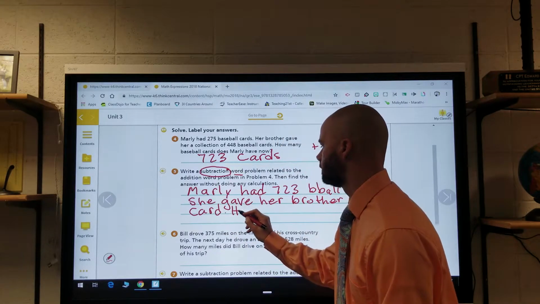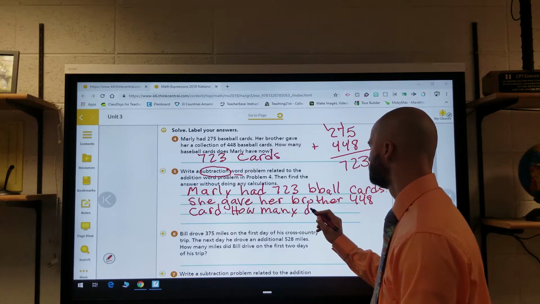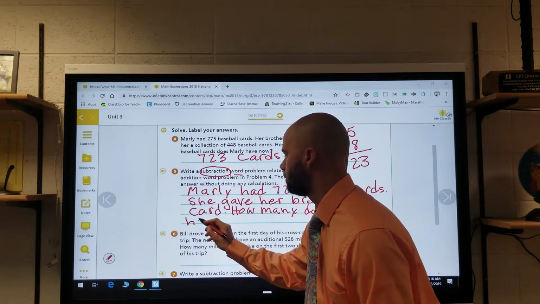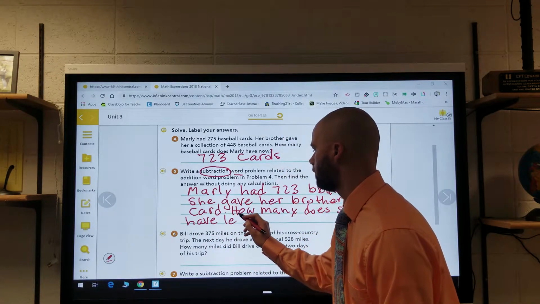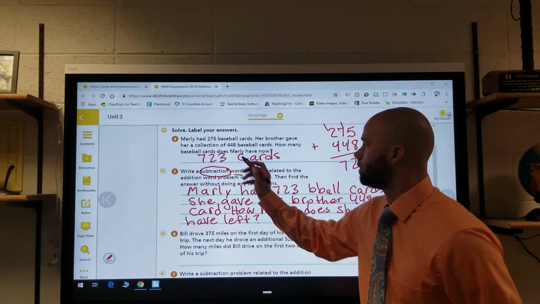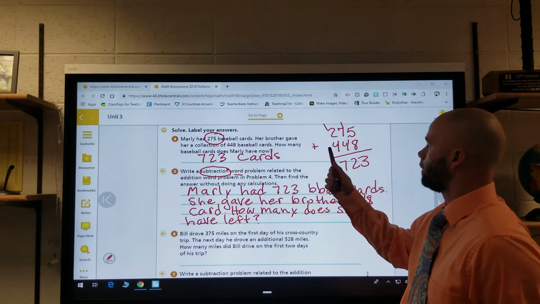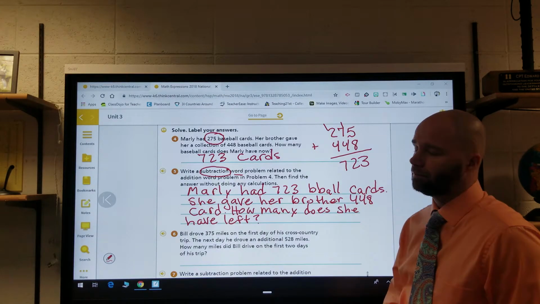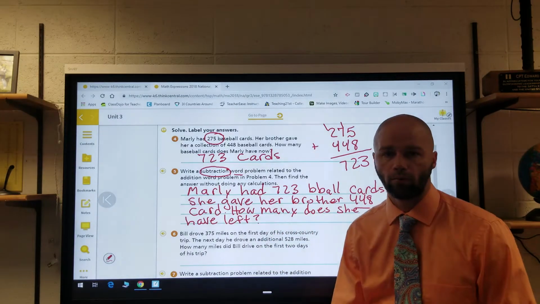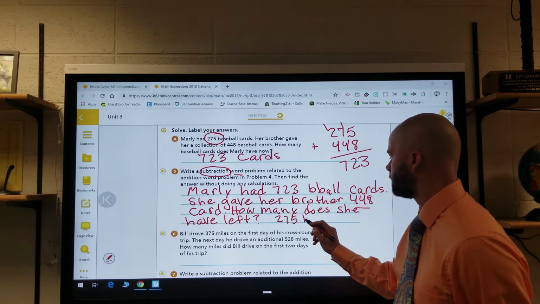How many does she have left? And now I will be able to solve that problem because I know that the addition and subtraction are related. So she should have how many left? It should be 275, right? So if 275 plus 448 equals 723, then 723 minus the 448 that she gave her brother should equal 275 baseball cards.